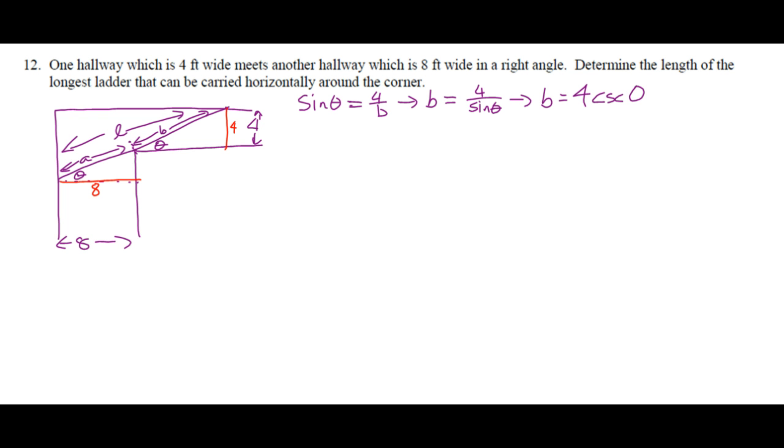All right, what can we say about A and theta? These guys are 90. So cos theta is 8 over A. So A is 8 over cos theta. So A is equal to 8 secant theta.